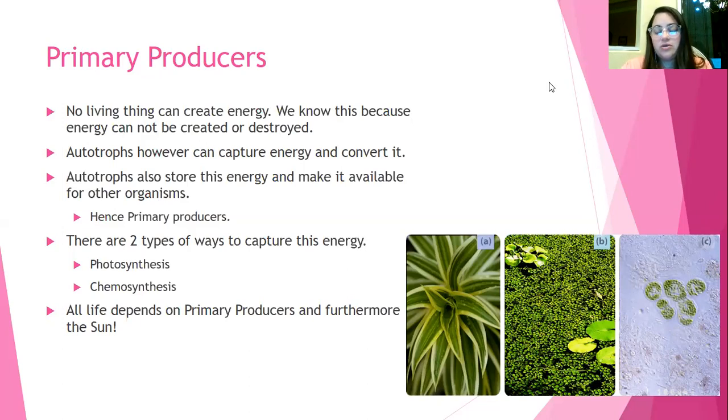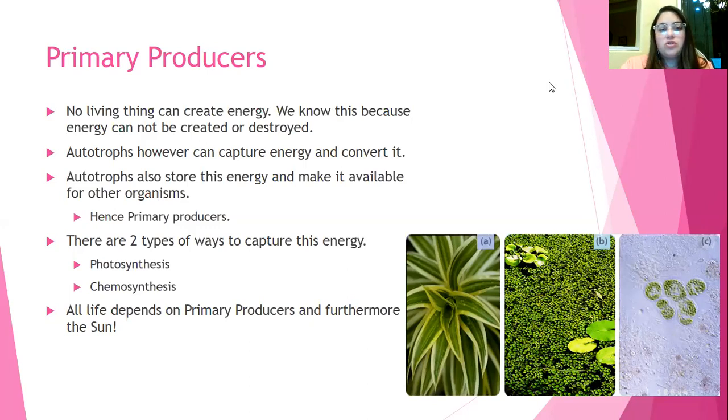There's nothing that can create or destroy energy. We know this because we know our energy conservation laws. And so nothing can create or destroy energy. Therefore, we can harness or capture energy. We cannot, plants can, and then convert it into usable energy like carbohydrates for us and other animals.